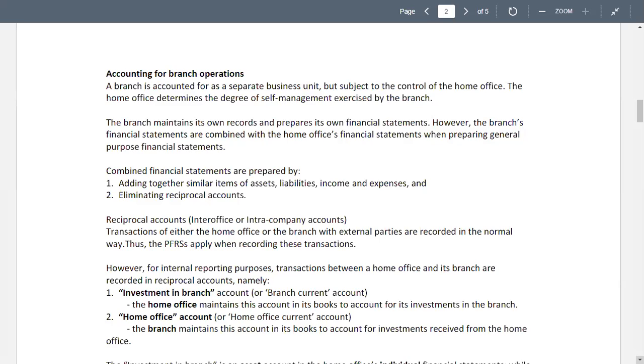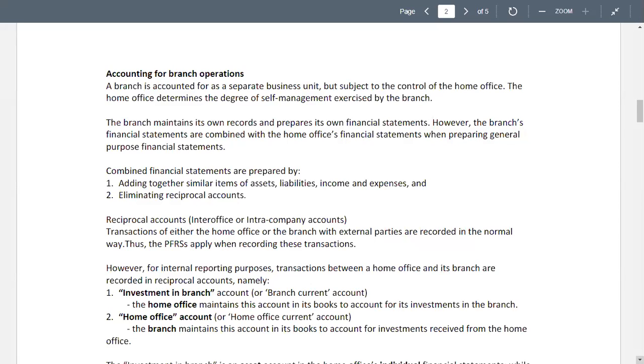And since they are reciprocal accounts, if you debit the account investment in branch, the branch will credit home office current. We call them reciprocal because the debit of one is the credit of the other.